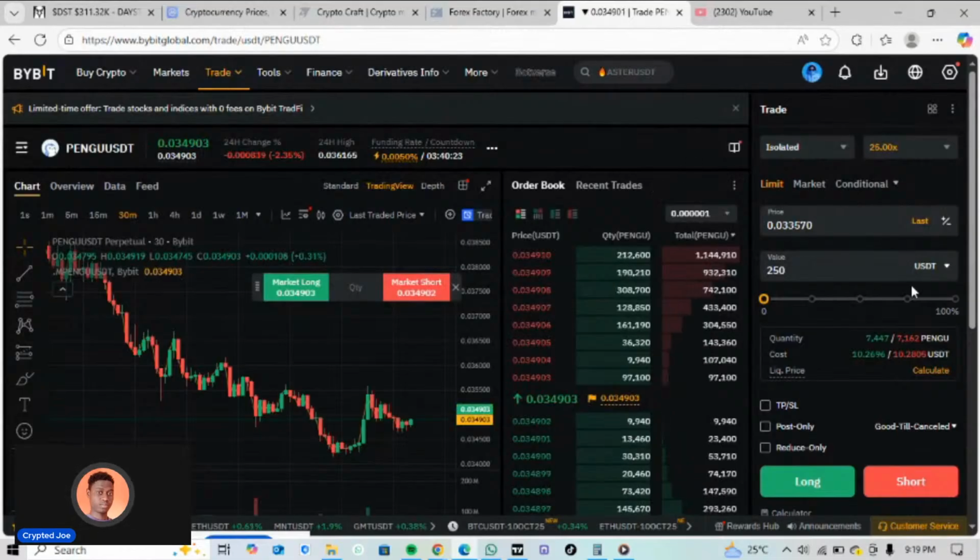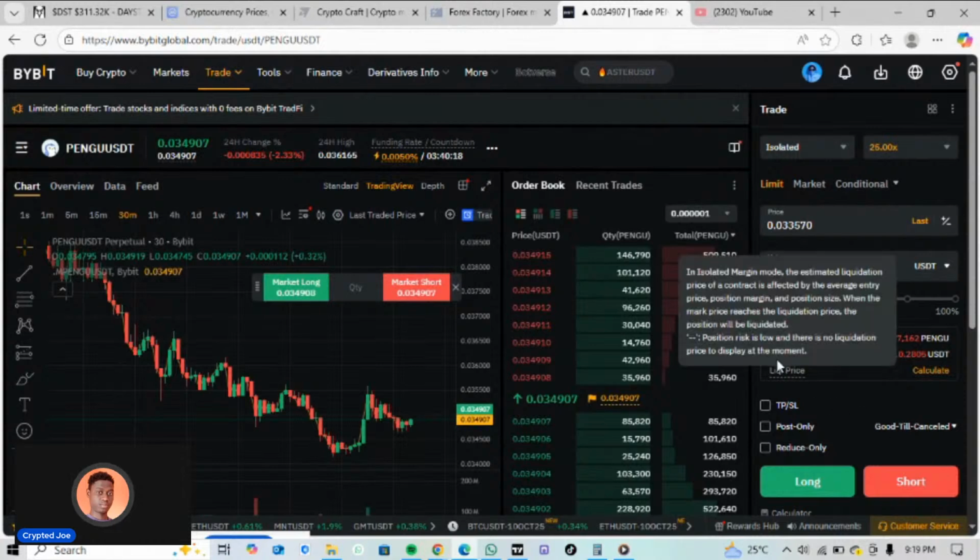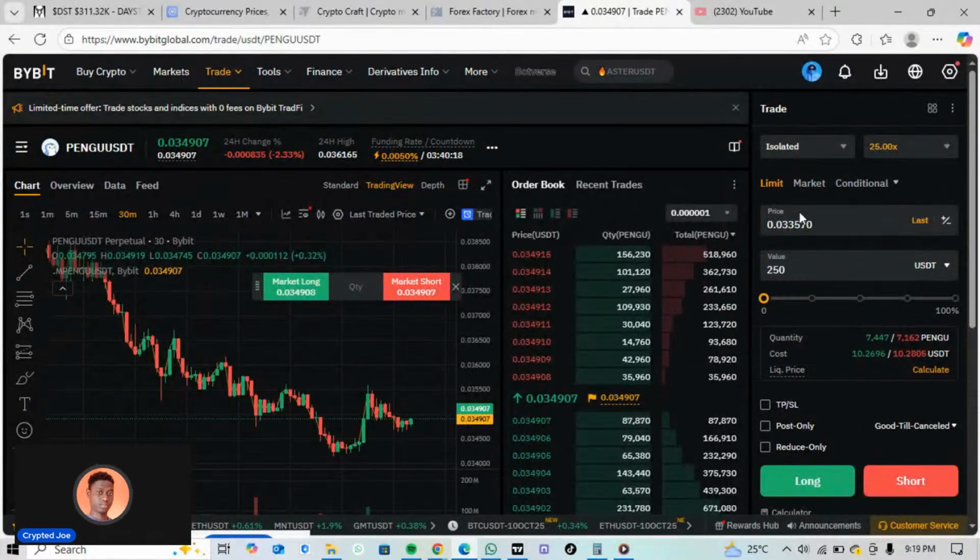So take for example you have $20 in your balance, and you want to enter the trade with $10. You can multiply that 10 by that 25, it will give you 250. But most of the time, when you set your stop loss, this particular type of calculation might make you lose more than what you set to lose, which is why I would advise stop loss percentage calculation. So now the cost is 10.26 USDT.